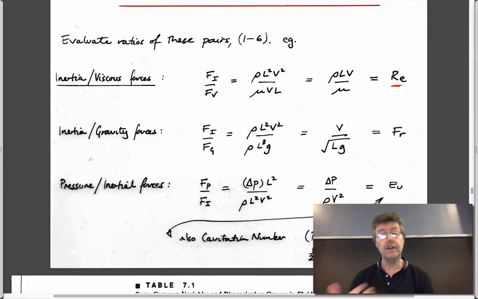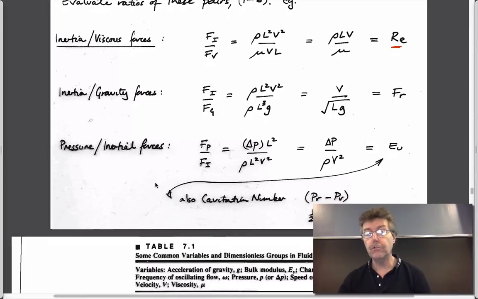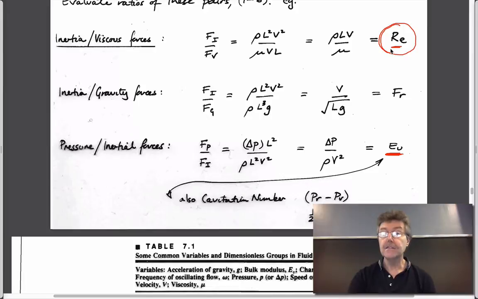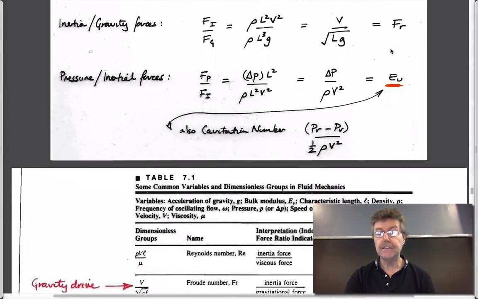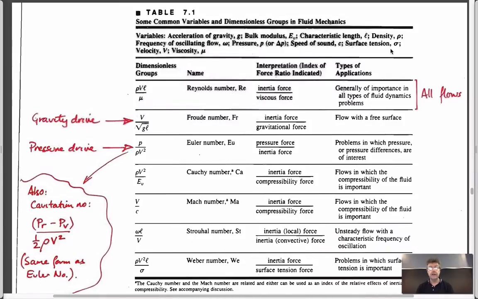And so you can get a whole series of these terms, of which the most important two for our cases are probably going to be the Reynolds number, which gives us kinematic similitude, and the Euler number, which allows us to relate pressures or forces applied on bodies between model and prototype. But there are a number of others. I guess the first 3 here are the ones we've dealt with already up to this point.